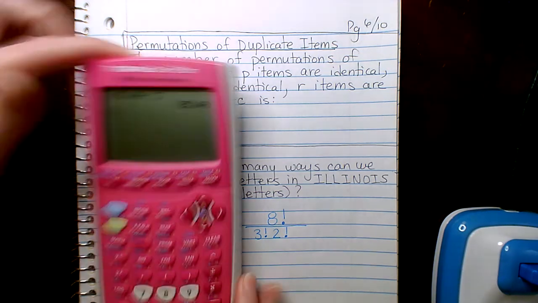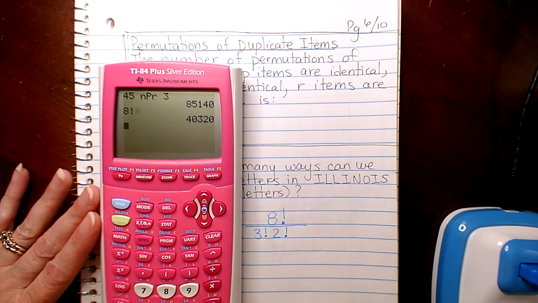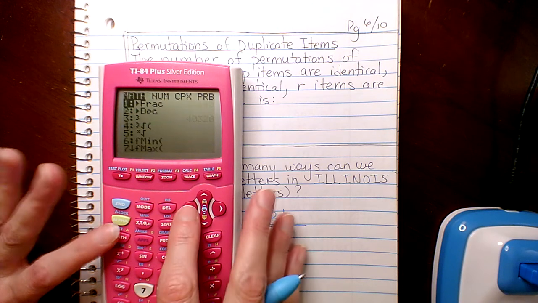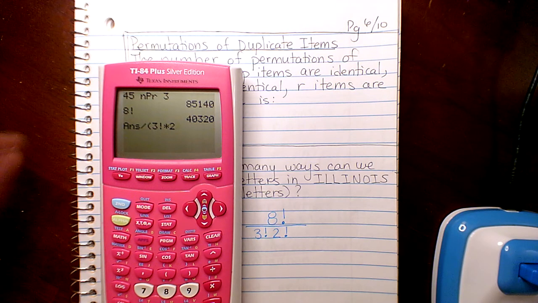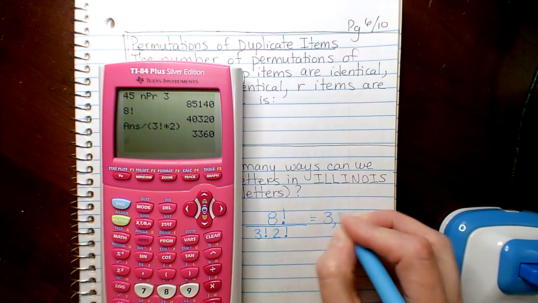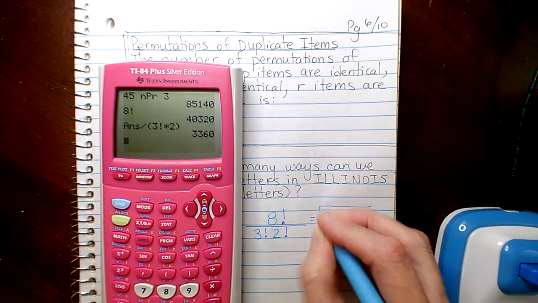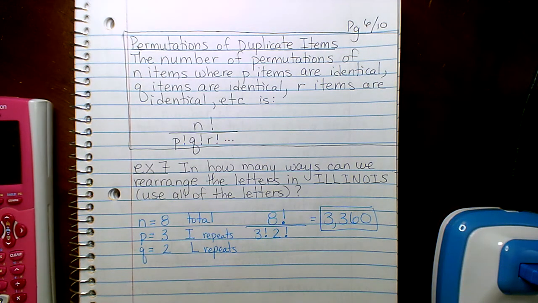Alright, let's see, that's going to be 8 factorial divided by 3 factorial times 2 factorial, which is just 2. So I'm just going to skip putting the factorial symbol because 2 times 1 is just 2. So I get 3,360 different ways that we can rearrange these letters.